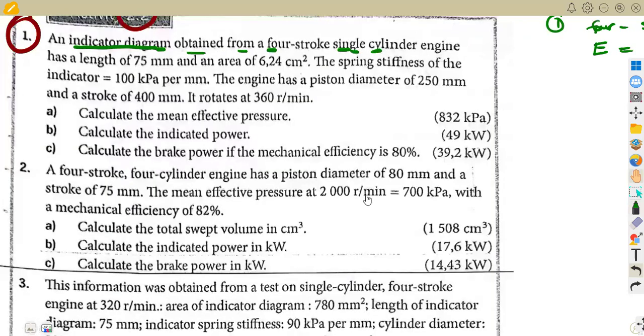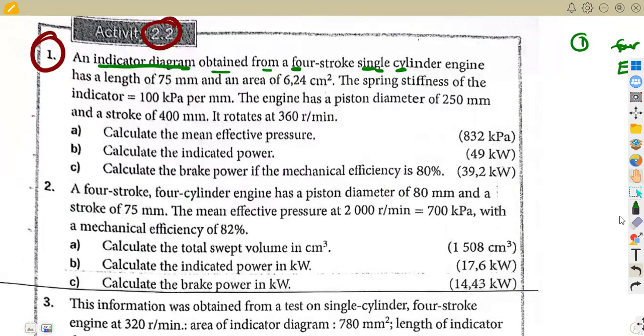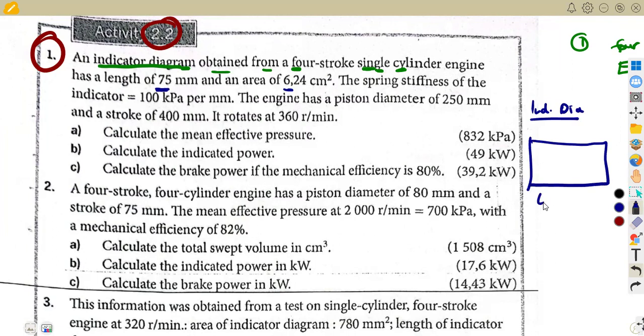All right, let's see about the indicator diagram. On the indicator diagram, we're given the length 75 millimeters and the area of 624. So the information about the indicator diagram is the length, which is 75 millimeters.